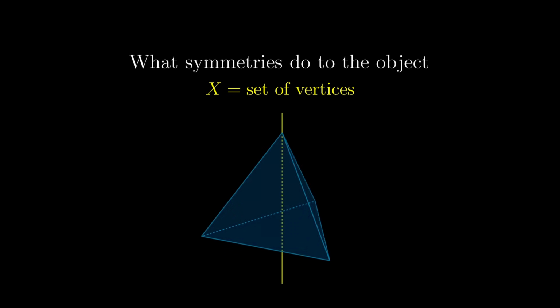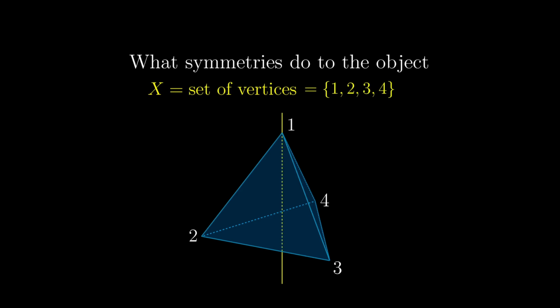For example, in this tetrahedron, we label the vertices as 1, 2, 3, and 4. So here, we take the set X to be {1, 2, 3, 4}. And notice how these vertices change under the symmetry. So now, vertex 2 becomes vertex 3, which becomes vertex 4, which becomes vertex 2 under this rotational symmetry.